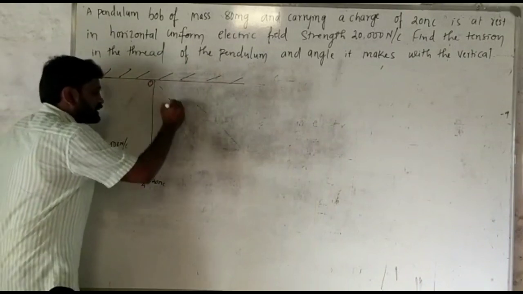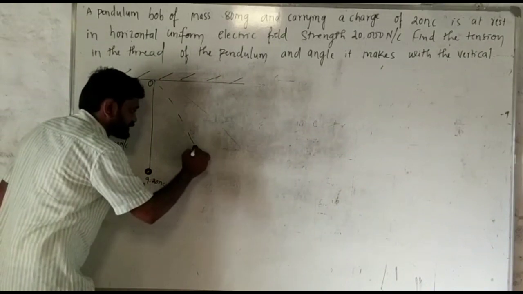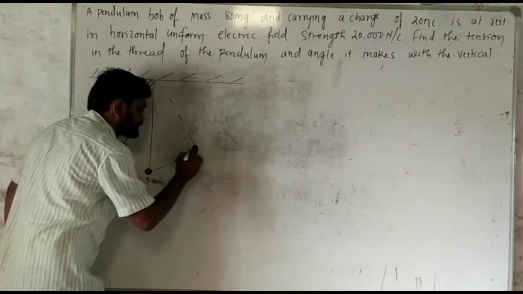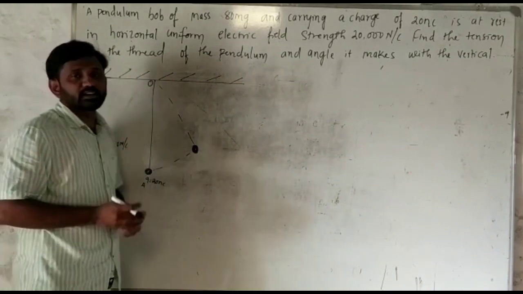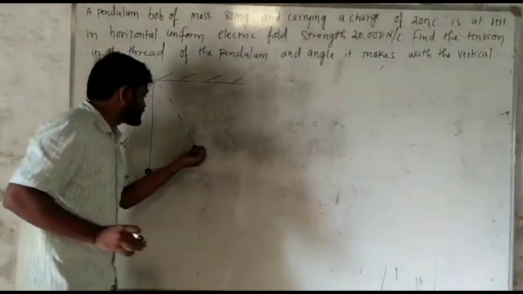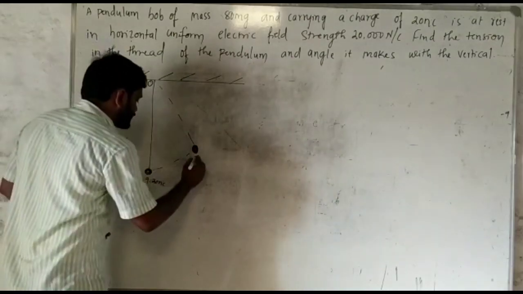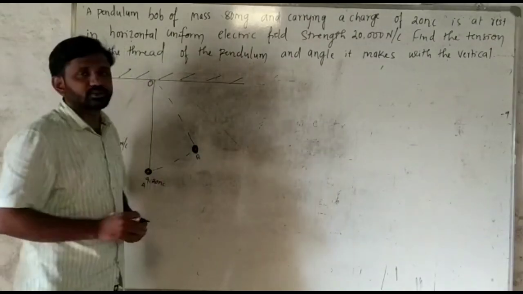Then it comes to rest after a certain displacement, when the net force acting on the bob becomes 0. Let us assume that it comes to rest at the point B.